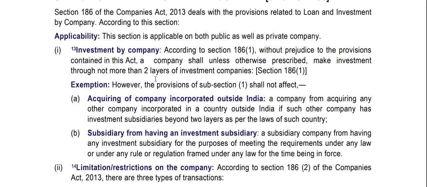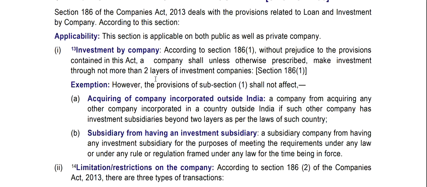Other exception is a subsidiary from having an investment subsidiary, for the purpose of meeting a requirement under any law or under any rule or regulation framed under any law for the time being in force. So that is also okay. Investment subsidiary or a company incorporated outside India, that exception is there. That is subsection 1 of section 186.